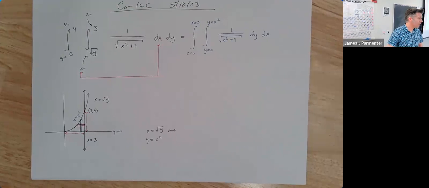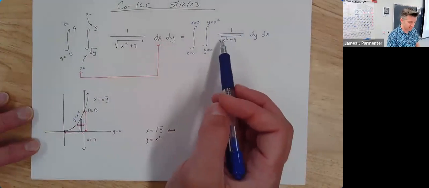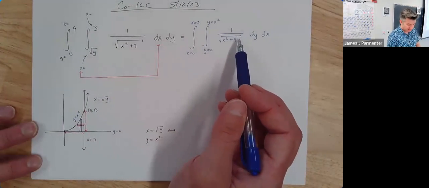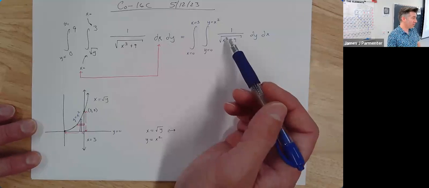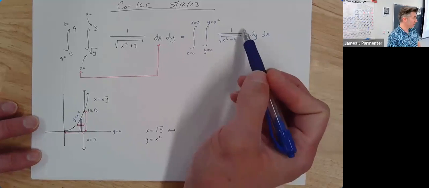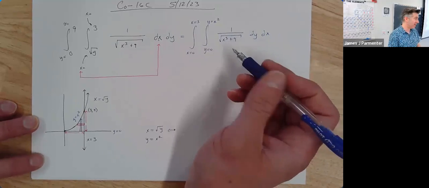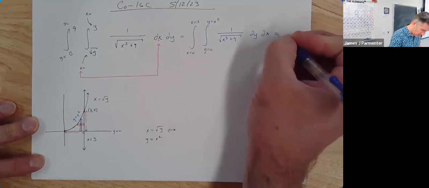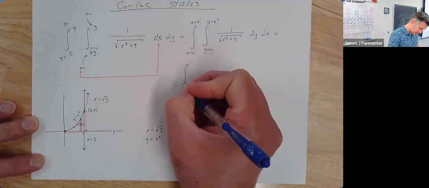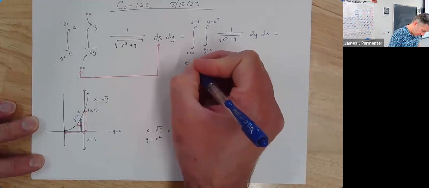So we've appropriately interchanged the order of integration, and now we can definitely anti-differentiate this thing with respect to y. If there aren't any y's there, we're just pretending this is one big constant. And the antiderivative of one big constant is that one big constant times y. What we're going to get here is the integral from x equals 0 to x equals 3.